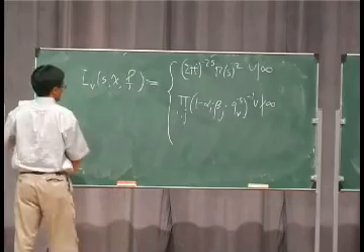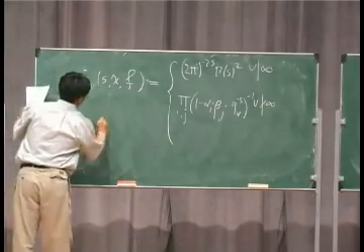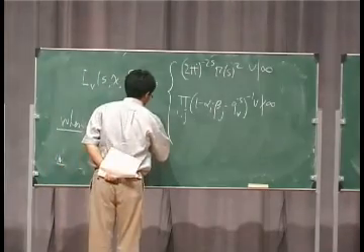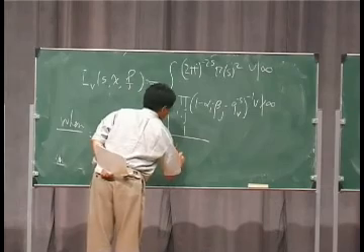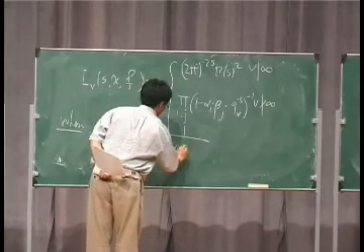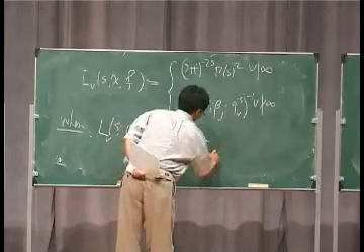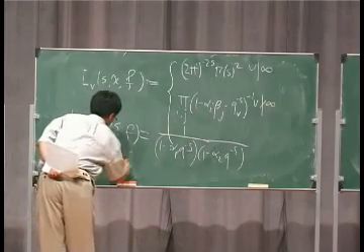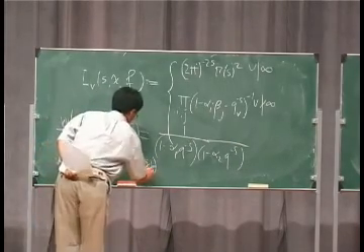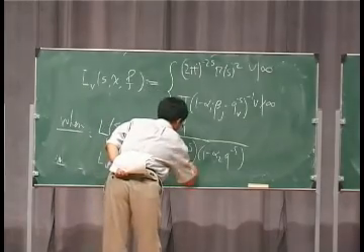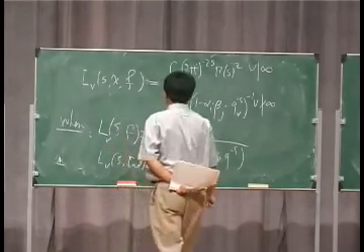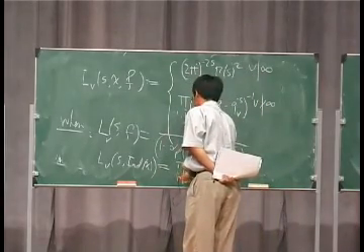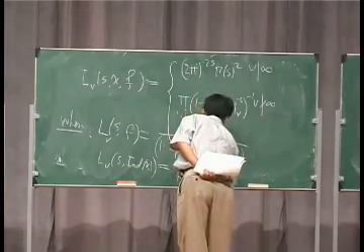So how to define this then? Where L_v(s, f) is written down as the product of 1 minus alpha_1 q to the negative s, 1 minus alpha_2 q to the negative s, and L_v(s) of the induced representation of chi is equal to the product over the places w of K dividing v of this L(s, chi_w).